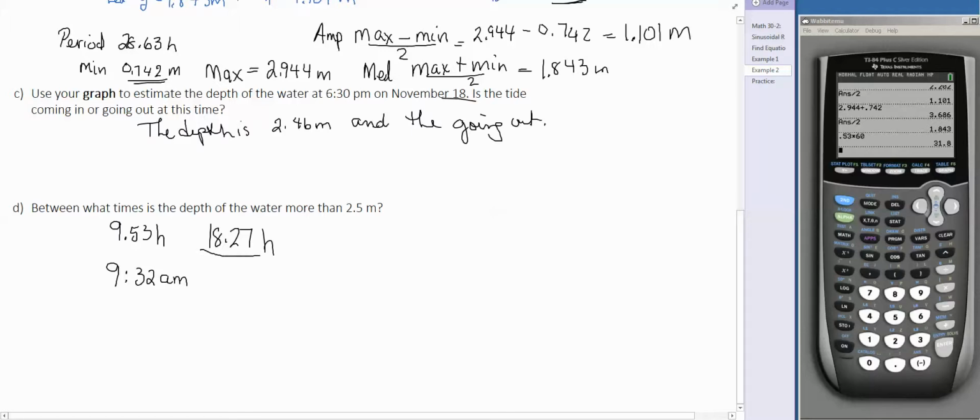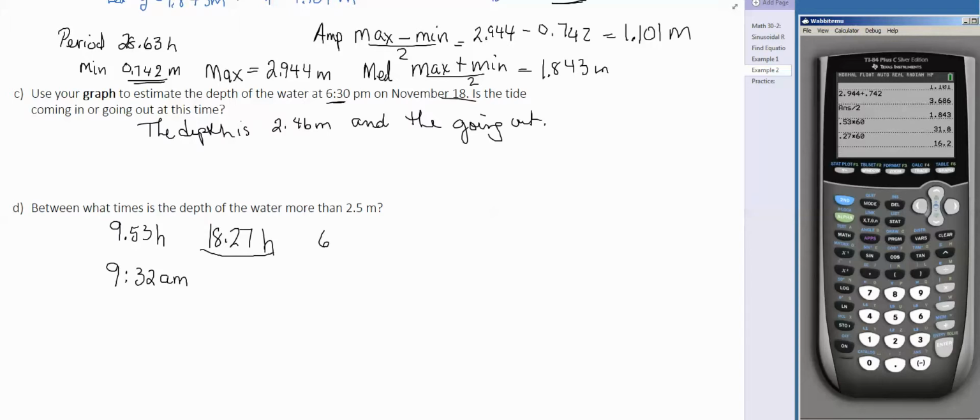And now we've got 18.27. So remember, we used the 18 for 6:30, so this is 6 p.m. and the 0.27 is a part of an hour. So let's take 0.27, multiply by 60, and that tells us how many minutes. So it's 16 minutes.